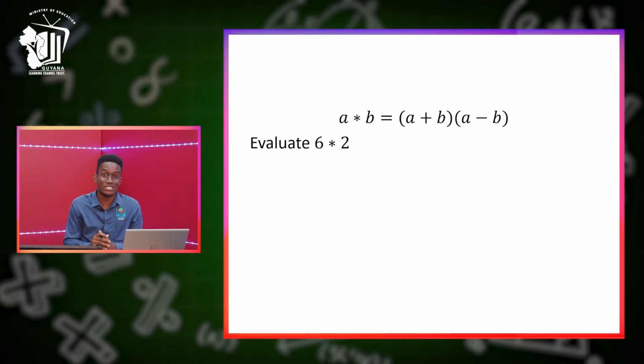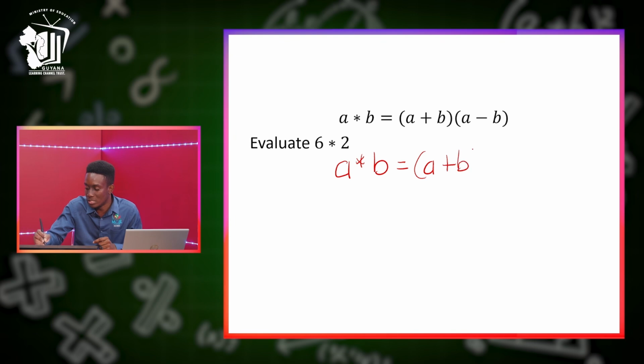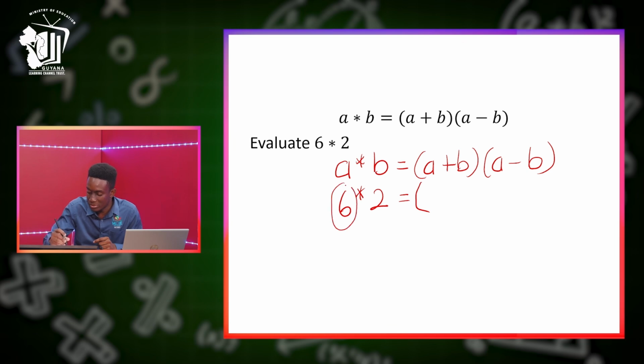We have A asterisk B is equal to, in bracket, A plus B, and then close bracket, and in another bracket, A minus B. So you want to find 6 asterisk 2. You want to evaluate that. So let me write back the operation. A asterisk B is equal to A plus B in one bracket, A minus B in the other bracket. So wherever we see A, we replace and put 6.